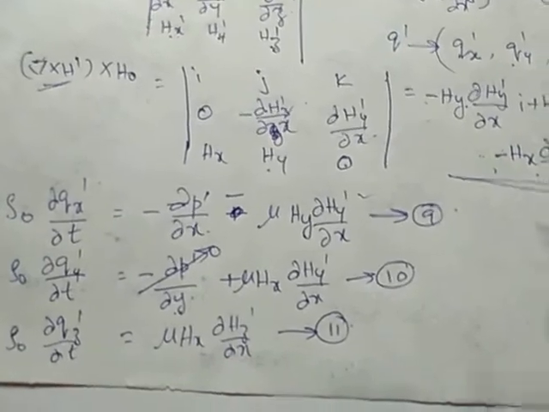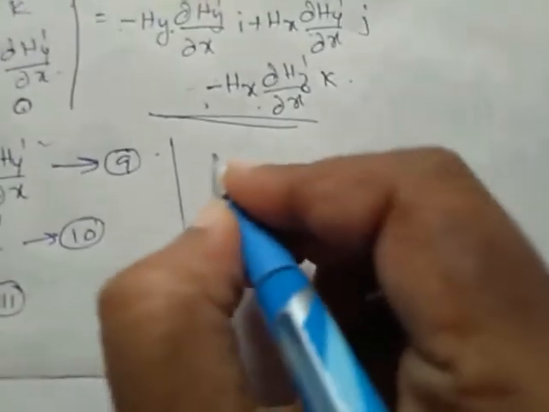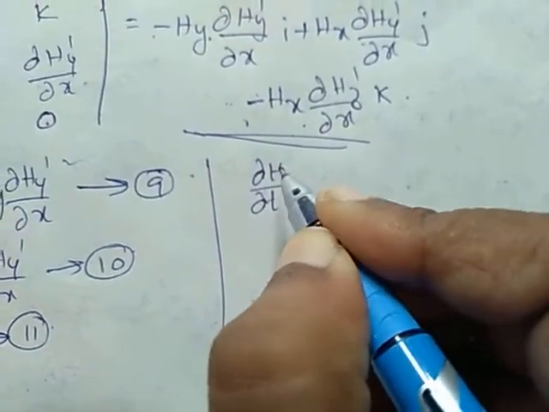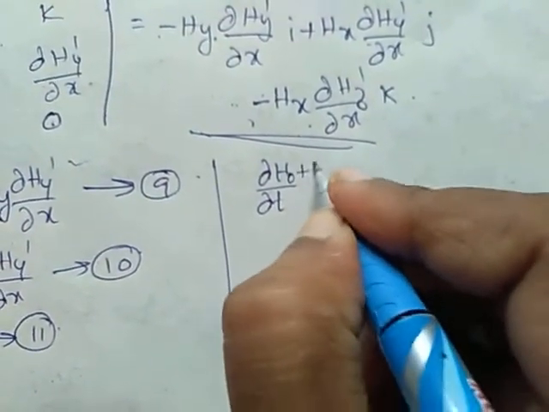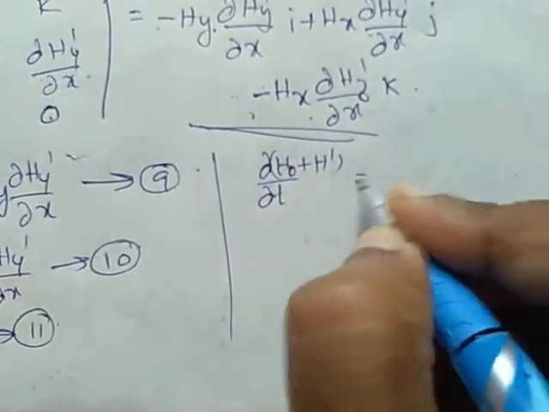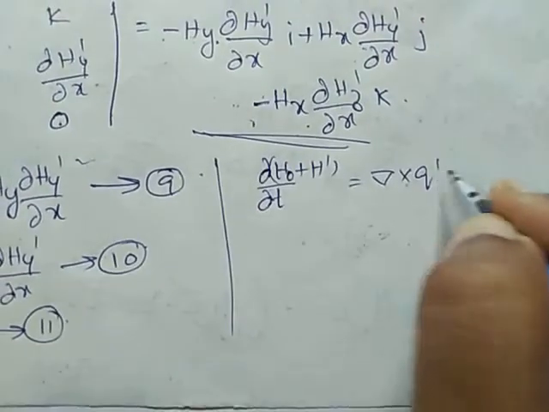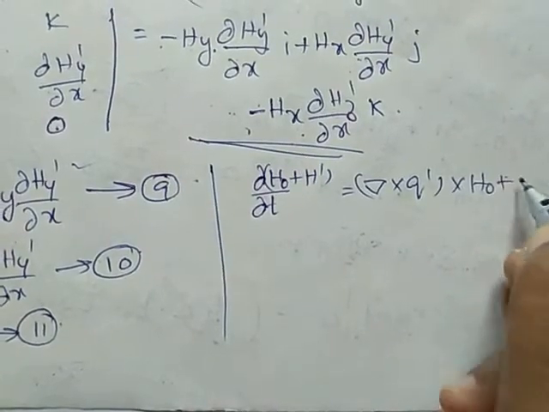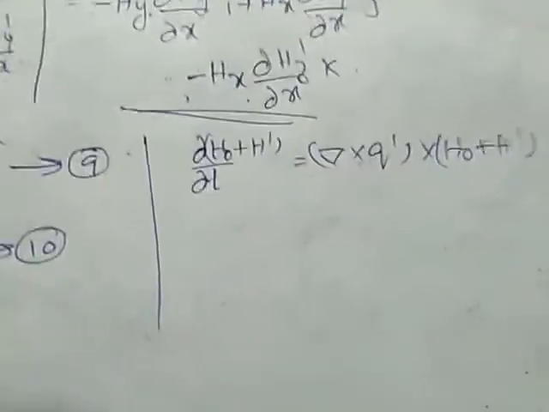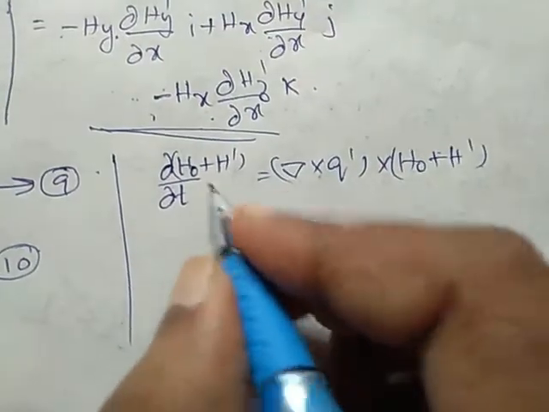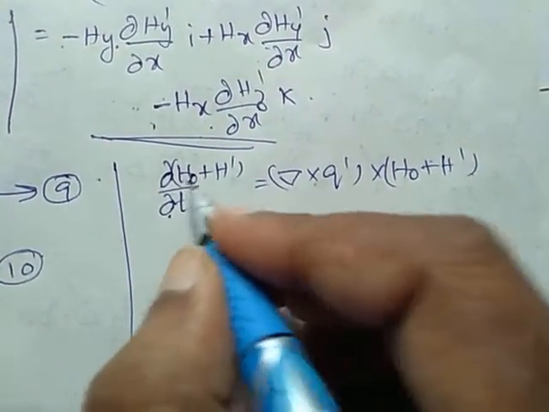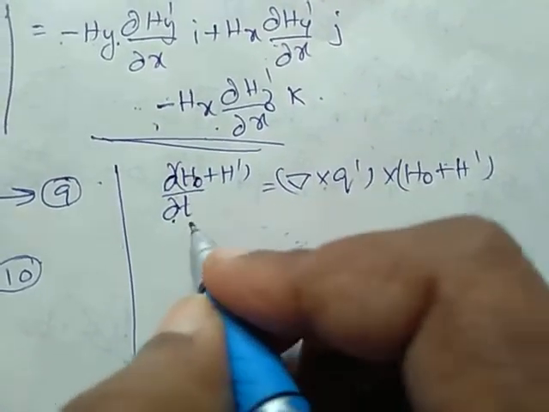the magnetic field equation, which is dou h by dou t. So dou of h naught plus h dash equals del cross q dash cross h naught plus h dash. When we split it, dou by dou t of h naught is 0, since differentiation of h naught with respect to t is 0.